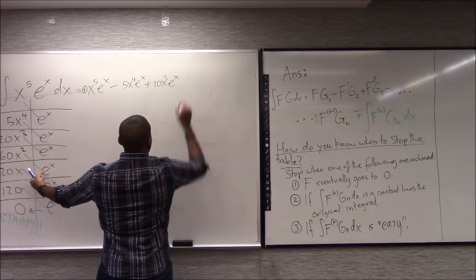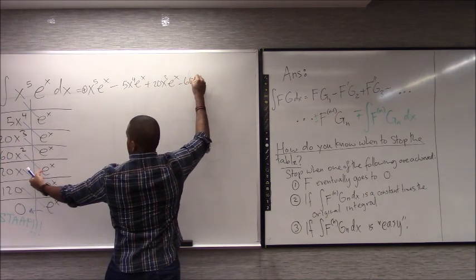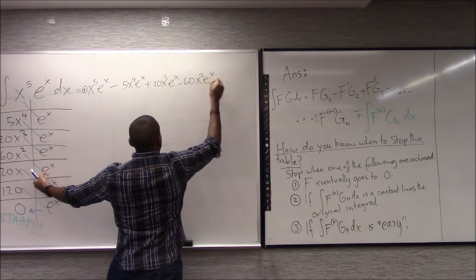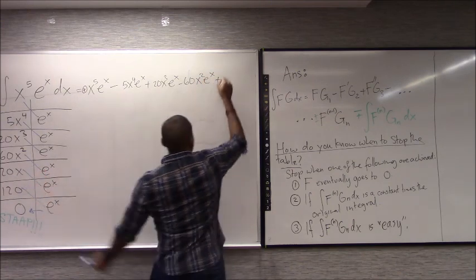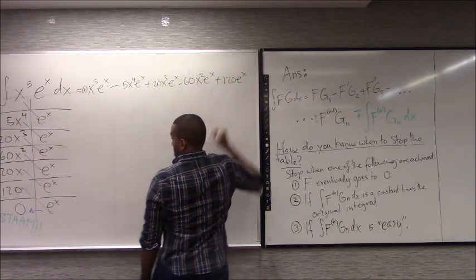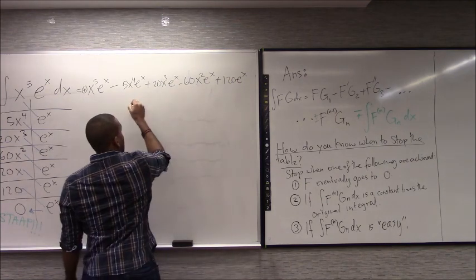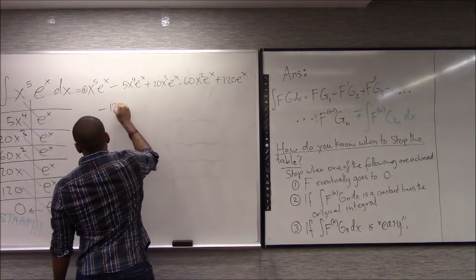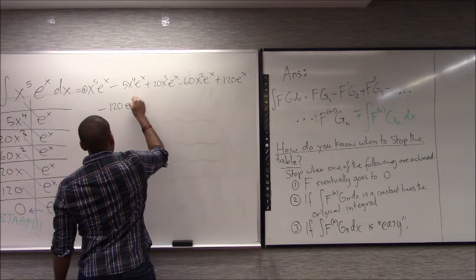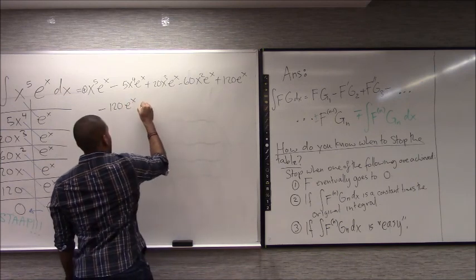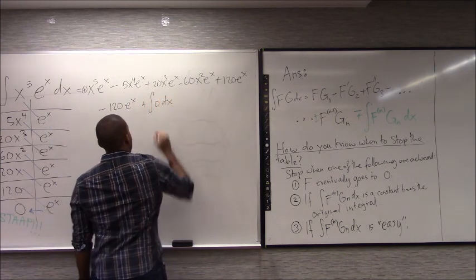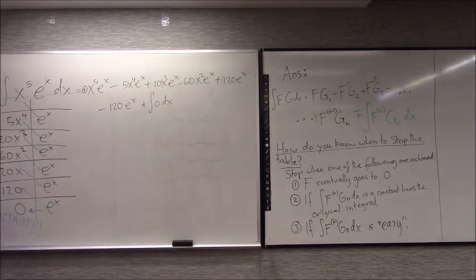This times this with a minus sign. This times this with a plus sign. This times this with a minus sign. And then you're going to have a plus the integral of 0. But of course, the integral of 0 is going to give you your plus c.